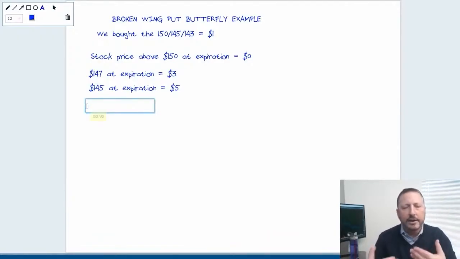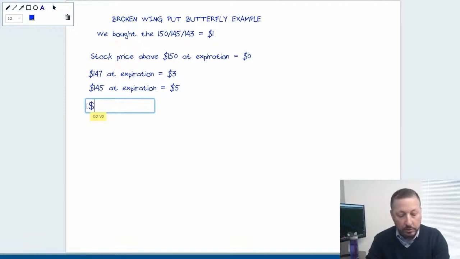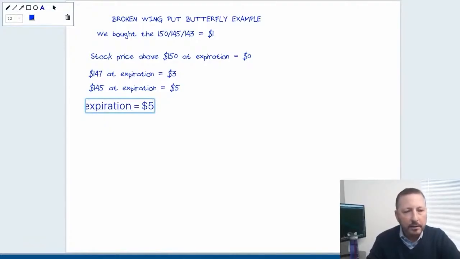Now, what happens if we start to move down below that short strike? Yeah, we're going to start giving back some of that value. So 144 at expiration, the long spread is still worth 5. The short spread is worth what? Let's break it down like we did in the butterfly example. The long 150 put is going to be worth 6.